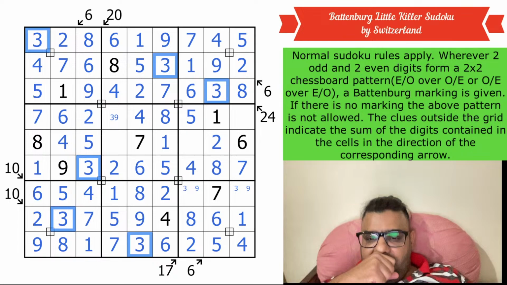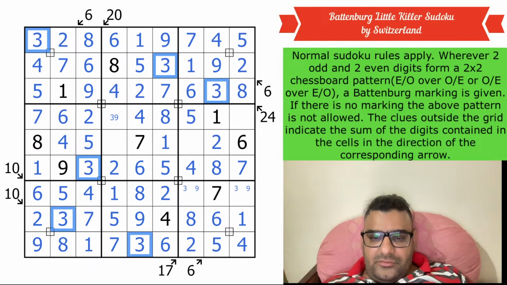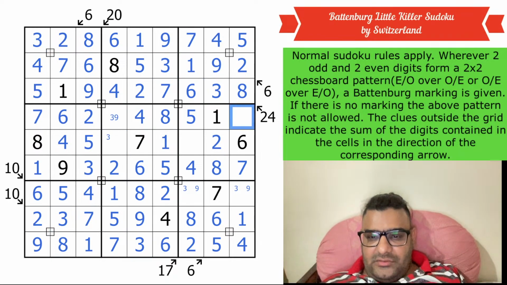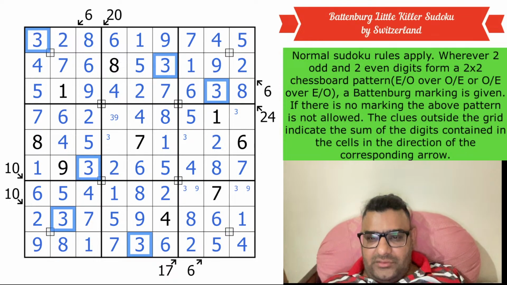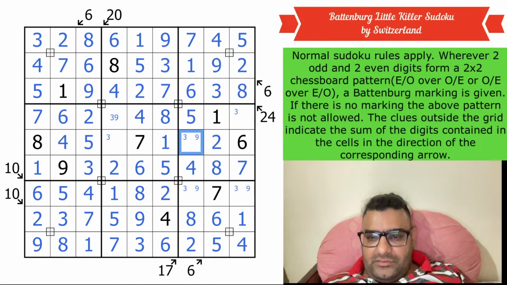Where is the 3? Where can we put a 3? We cannot put a 3 there. 3 can be in any of these, and 3 can be here. Same for 9. 9 can be here.